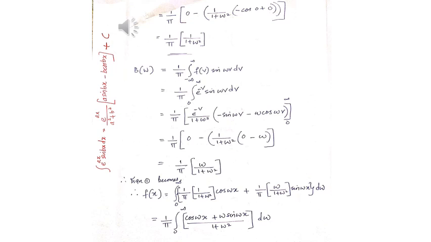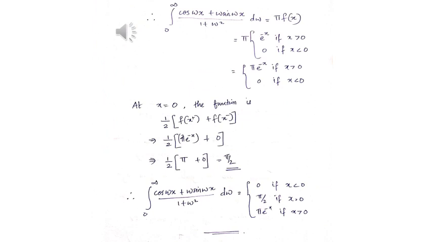And in b of omega, after doing the integration, we will get the value 1 by pi into omega divided by 1 plus omega square. Both these values we have to substitute in equation number 1, which gives us f of x is equal to 1 by pi integral 0 to infinity of cos omega x plus omega sine omega x divided by 1 plus omega square into d omega.